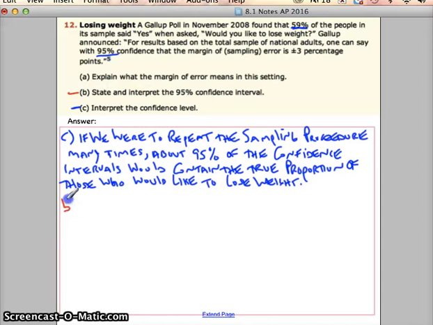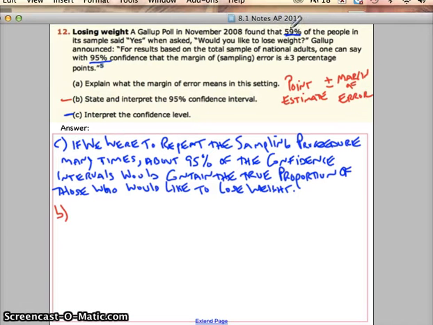So we have to figure out what the interval would be. Well, 59% is our point estimate, and it's not a formula, but you take the point estimate plus or minus the margin of error. They tell us the point estimate was 59%, so 0.59.